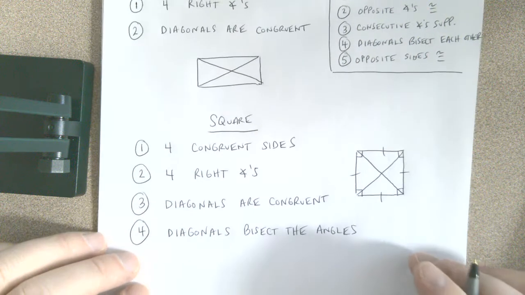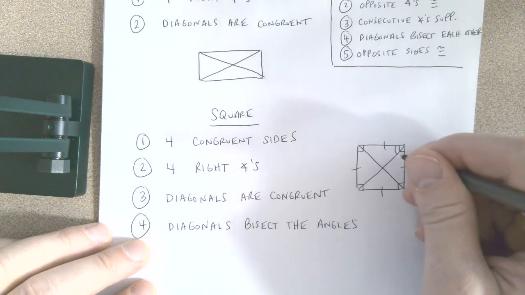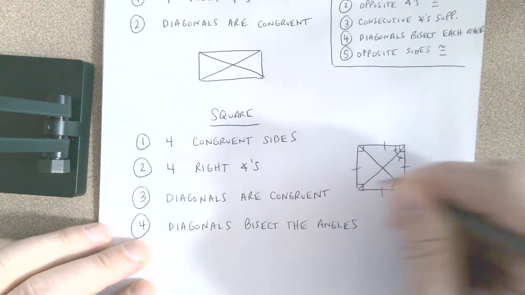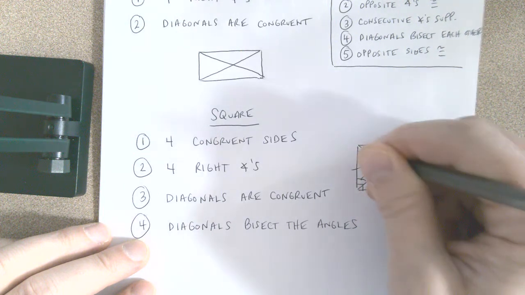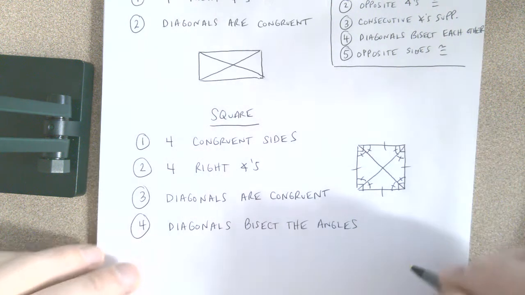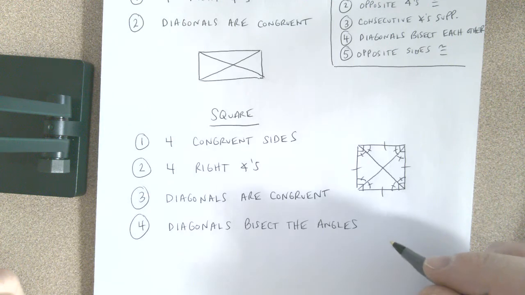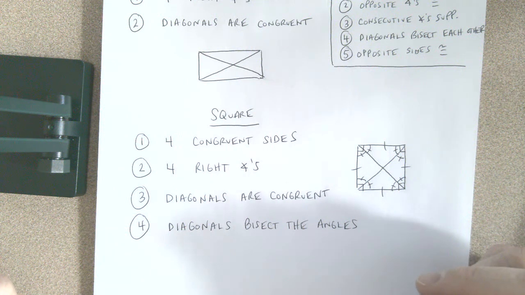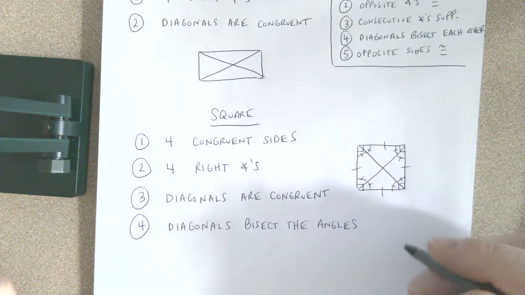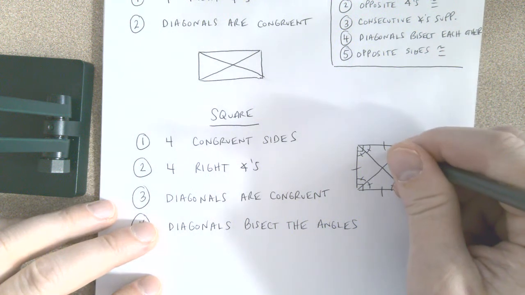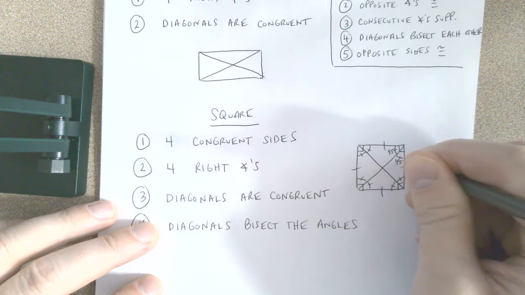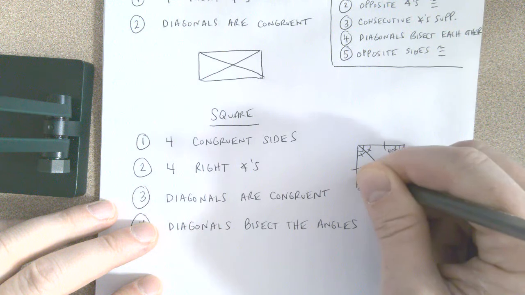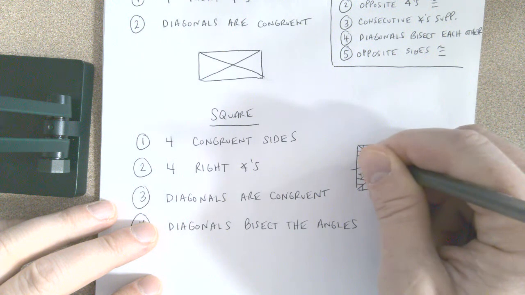So if I were marking that in my square, these 2 angles, because they're bisecting right angles, all 8 of those angles are going to be the same. What would the measure of each of those be if we're bisecting a right angle? What's half of 90? 45. So we know that all these angles in a square would be 45 all the way around the picture.